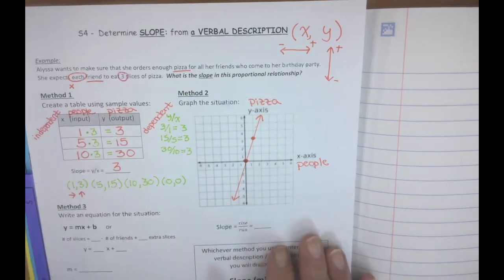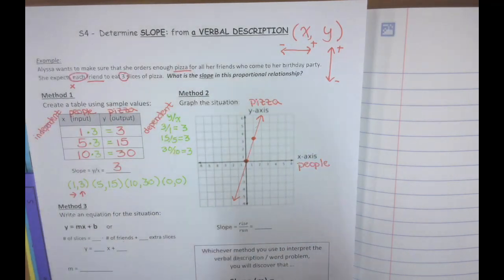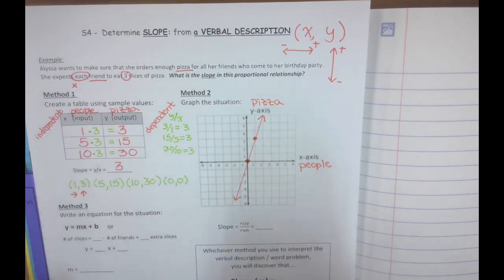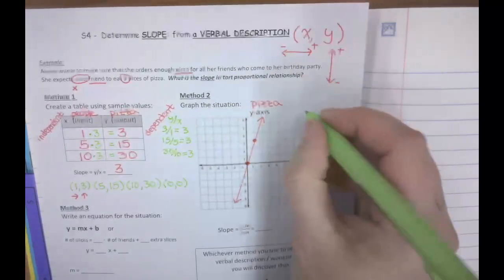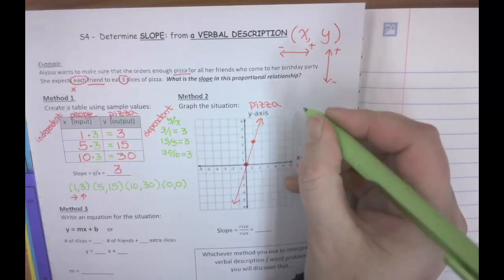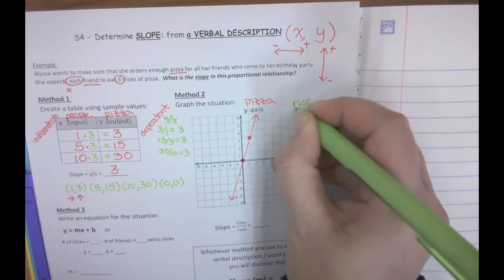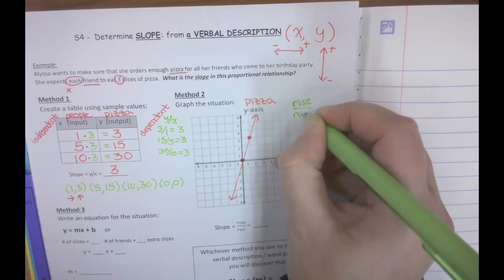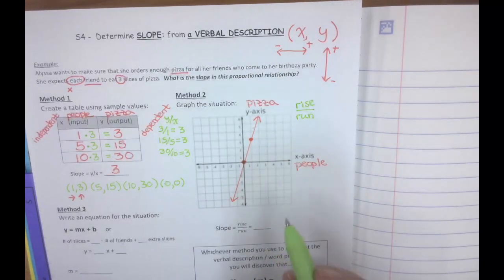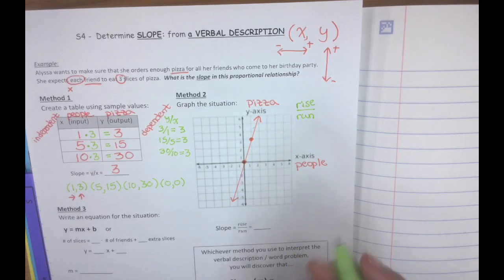If I have my graph done, then I could use my rise over run in order to calculate what my slope would be. So rise over run. Rise is how far up or down we go between our points.